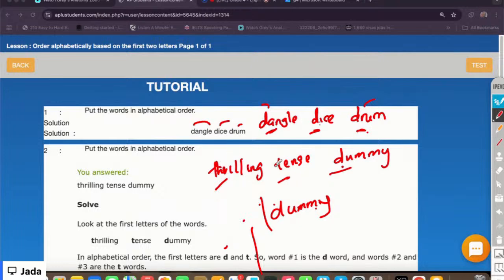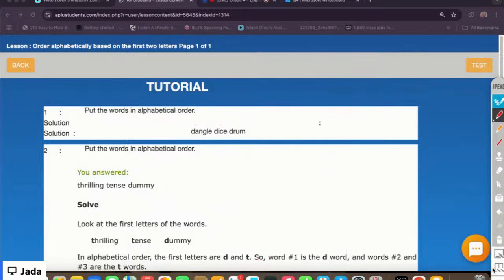This is TH and TE. Between the H and E, which one comes first? So it has to be tens, and then trilling. Okay, so that's the order. So you have dummy first, tens, and then trilling.